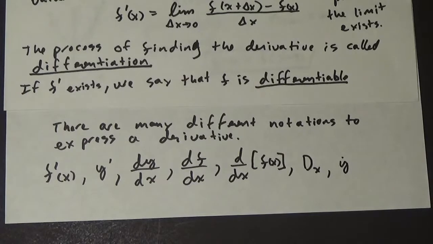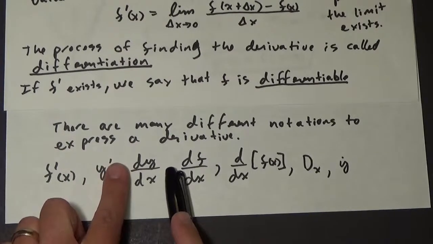So there are a lot of notations. A lot of that had to do with when calculus was developed. It was developed by two people simultaneously, basically. One was Newton, one was Leibniz. Newton used this dot. So I think the dot turned into primes over time.